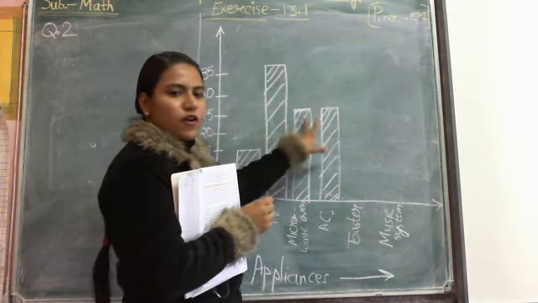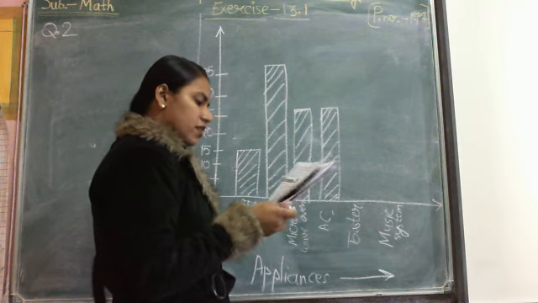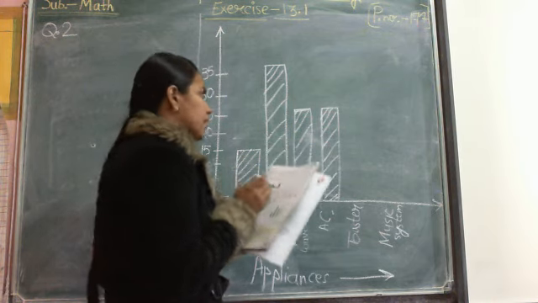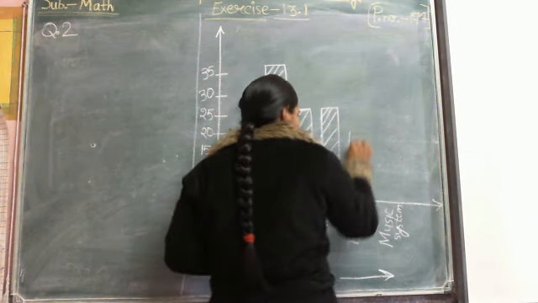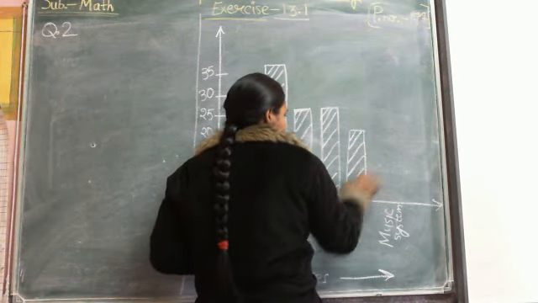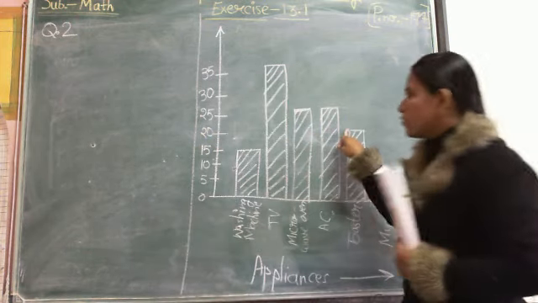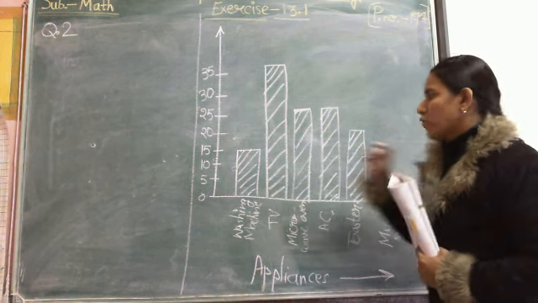So their bars are of the same length. Next, toaster. How many toasters? 20 toasters. As there are 20 toasters, the length of the bar is up to 20 only.